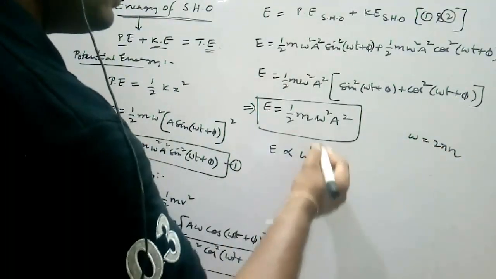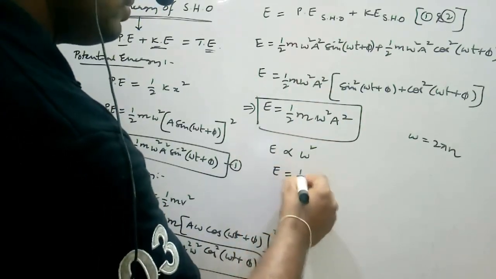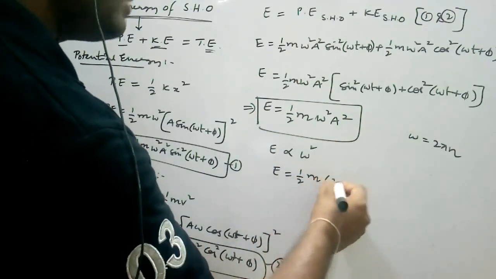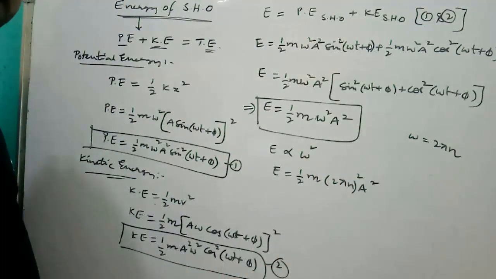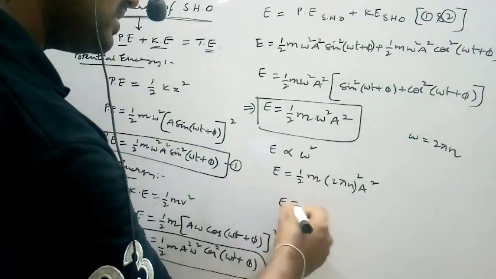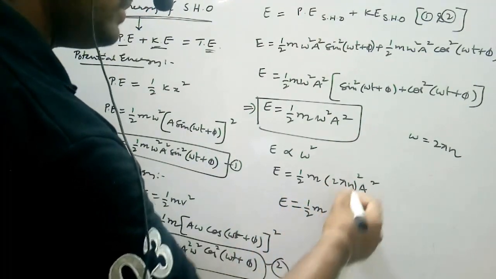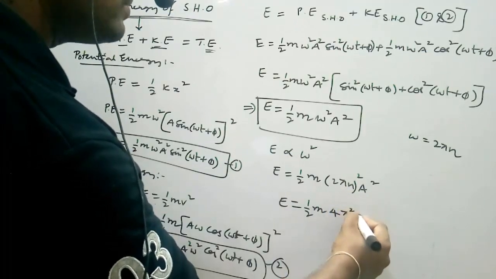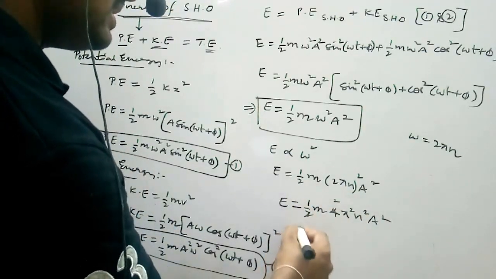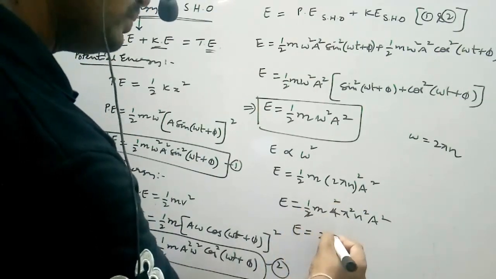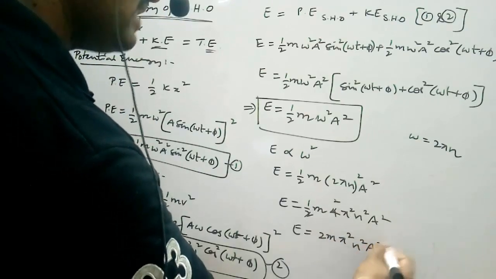That's why if you substitute it here, E equals half m into 2 pi n whole square a square. Simplifying this, we get 4 pi square n square a square, these two get cancelled, and directly we get 2 m pi square n square a square.